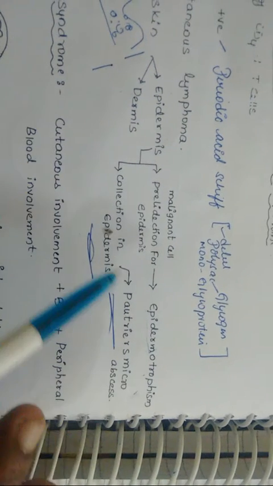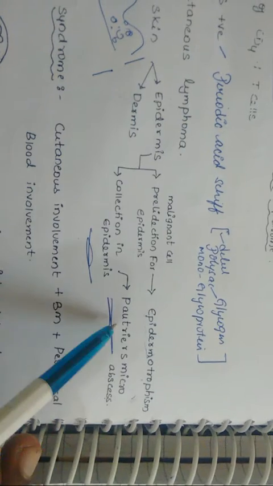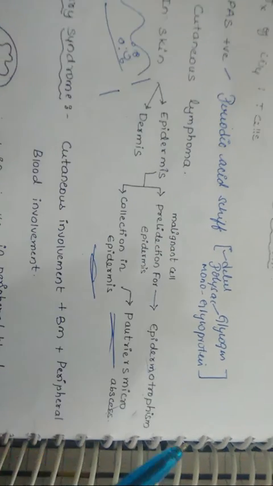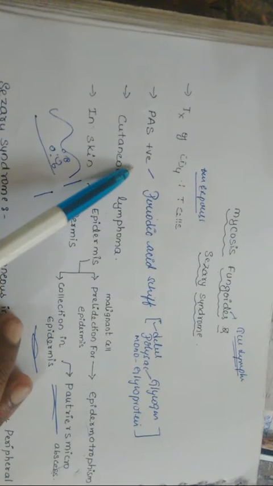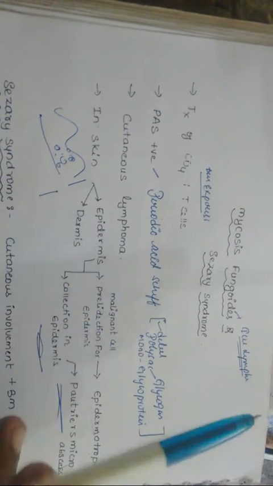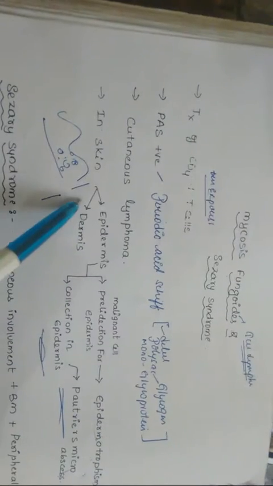Now if these malignant cells collect in the epidermis, it forms an abscess known as Pautrier's microabscess. So that's all regarding mycosis fungoides. I told you it affects the T cells. It is PAS positive, periodic acid Schiff positive, and you can see cutaneous lymphoma, because it's affecting the skin.